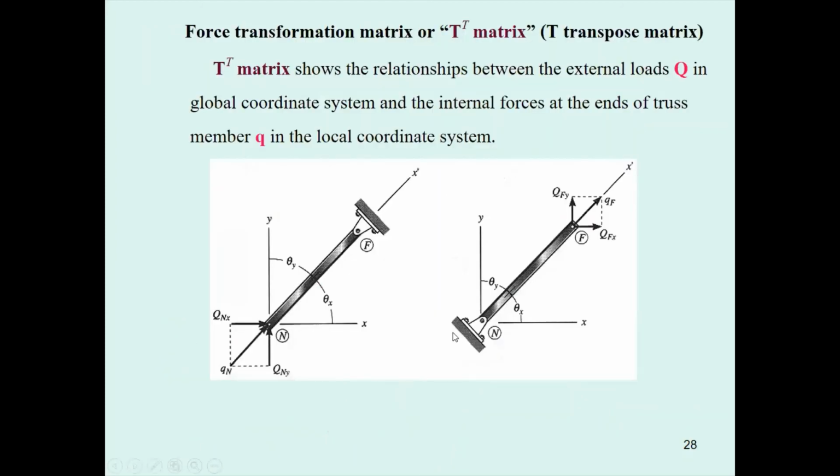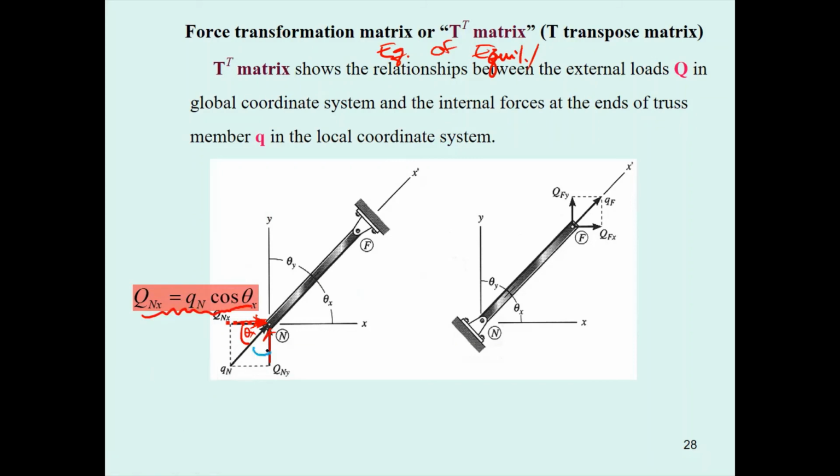So next one is the force transformation matrix. This one uses the equation of equilibrium to balance it. You can see you have Q sub Nx, you have Q sub Ny here. You project this one. This is going to be theta sub x. You have this one Q sub Nx equal to Q sub N cos theta sub x.